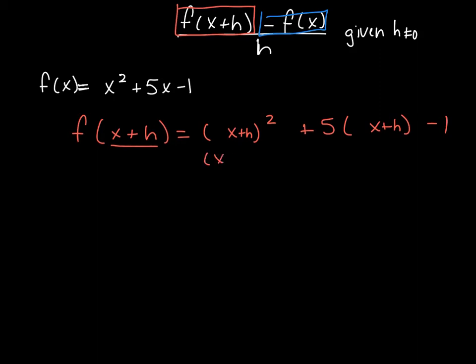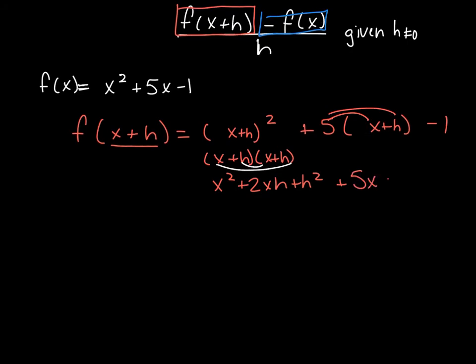So that's x plus h times x plus h, or x squared plus, I have the inside and outside terms there, so that's going to give me 2xh plus h squared. Now I distribute the 5, and I get 5x plus 5h minus 1.